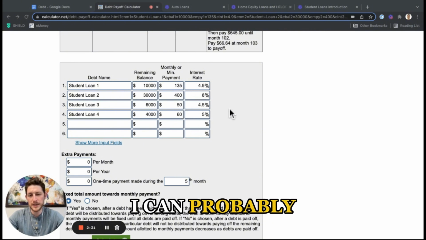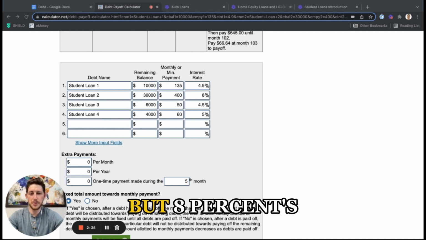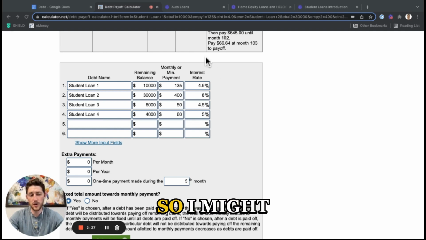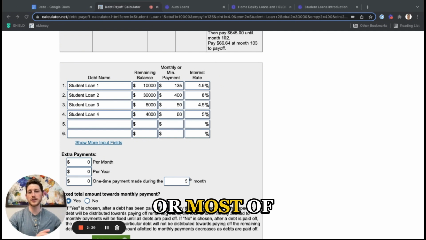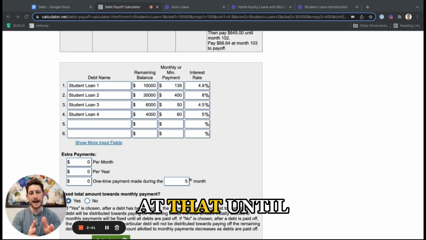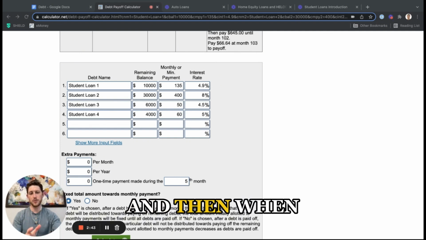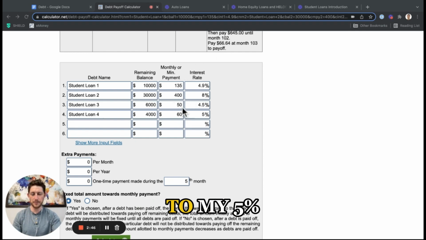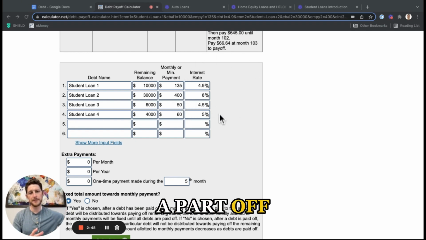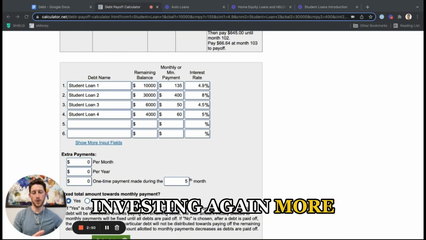I can probably deal with those, but 8% is pretty high. So I might throw a lot or most of the future ratio at that until it's gone. And then when this one's gone and I'm onto my 5% loan, maybe I peel a part off and I start investing again more regularly.